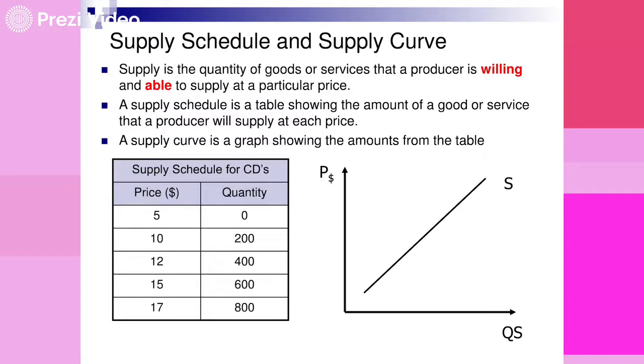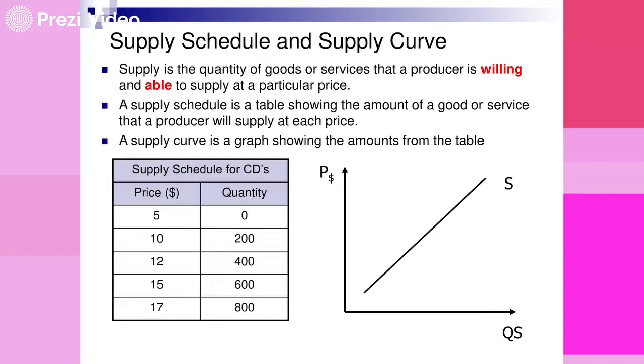So we can then take that data, and you'll need to be able to do this, and create a supply curve. And just a reminder that your supply curve will always be upward sloping like this, because it shows us that when the price increases, so does the quantity supplied, along the y-axis and along the x-axis.